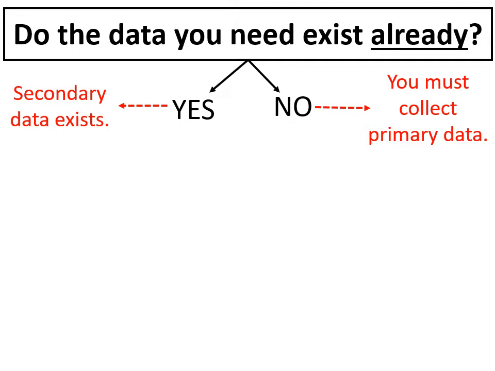For what it's worth, data is generally, some sticklers will see it as a plural, whereas in North America, lots of people use it interchangeably as both plural and singular. So you'll hear me switch back and forth between using data as a singular noun or as a plural noun. Okay, so if the data don't already exist, you have to collect it, and that is primary data.